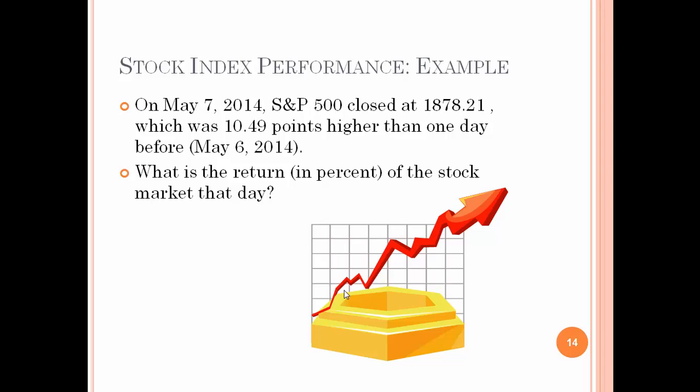So for example, if we look at May 7th of 2014, on that day the S&P 500 closed at 1878.21, which was 10.49 points higher than one day before, May 6th of 2014. So what is the return in percentage of the stock market that day?